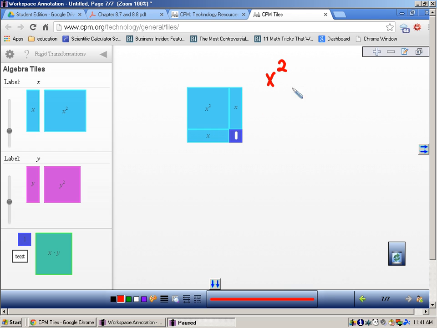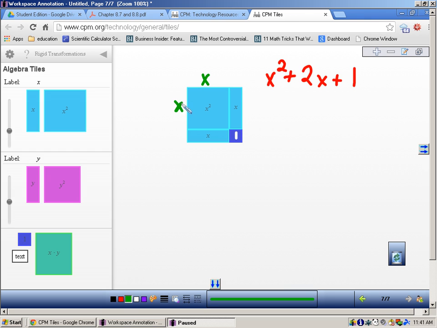The rectangles here, there are 2 of them, it's 2x. And then the single piece here in the corner, that's 1. And so this is the area of this perfect square. Before it wasn't a square. When I added that one tile with area 1, it became a perfect square. Let's talk about the length and the width of this perfect square. We said this was a square, and so we said this was x and x.